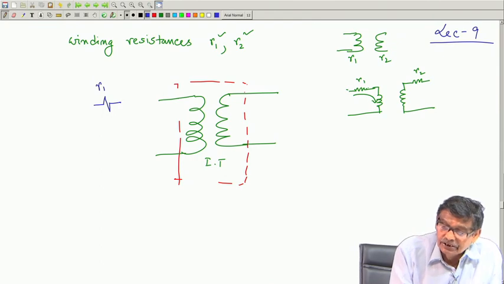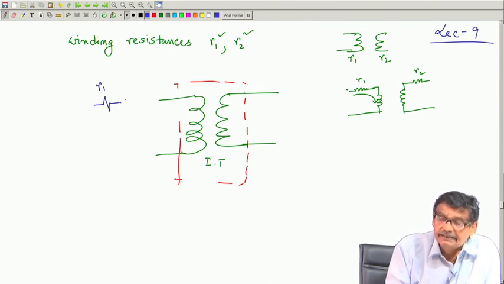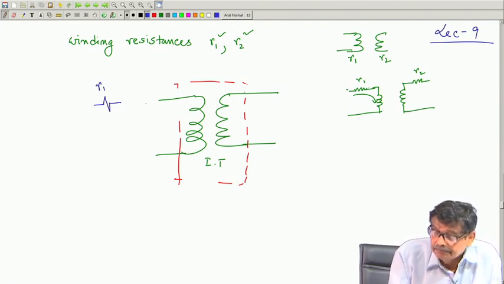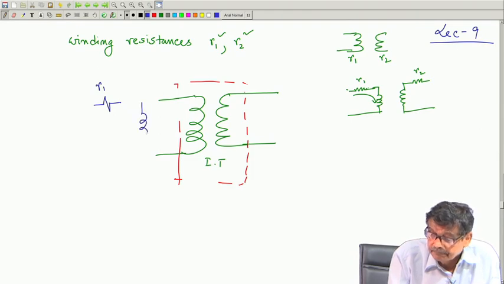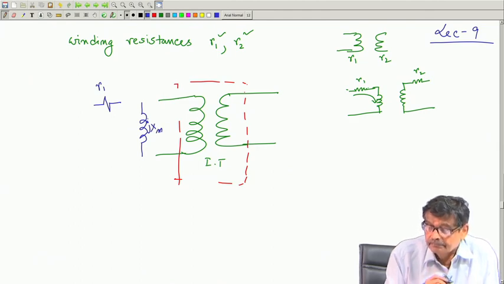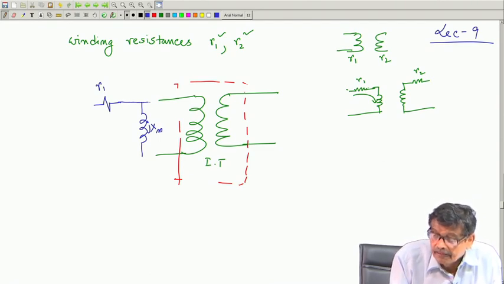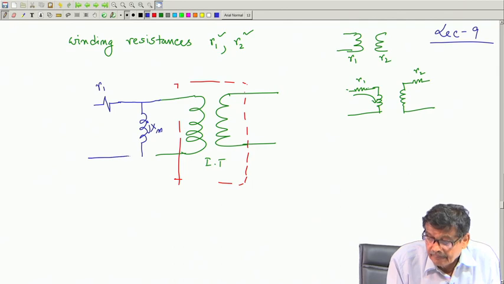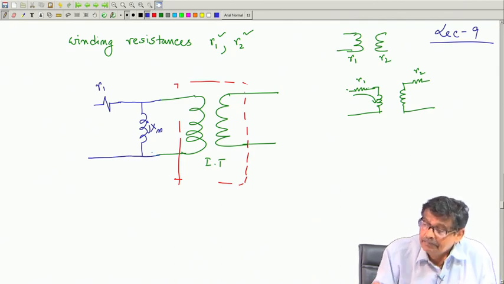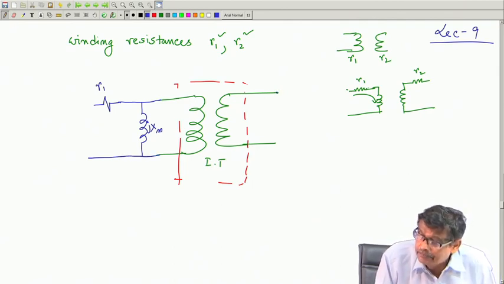Now, the question is, should I put that magnetizing current branch X m before this or after this? I must put it after this. J X m. Similarly, here of course, there is no magnetizing branch, R 2 simply comes here.